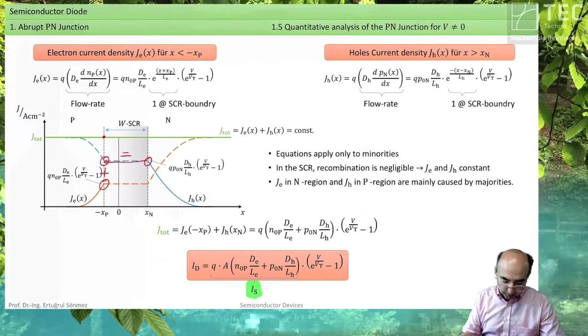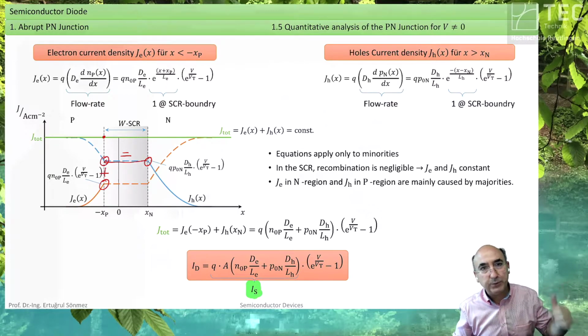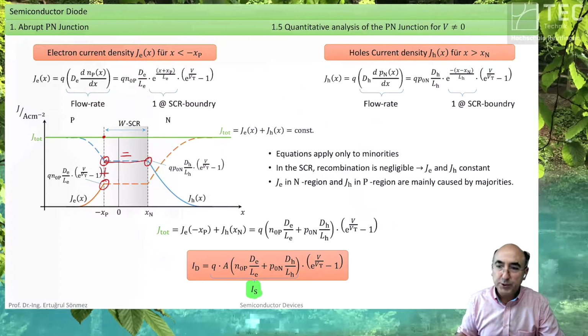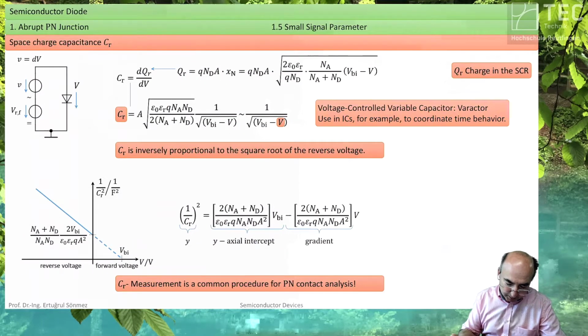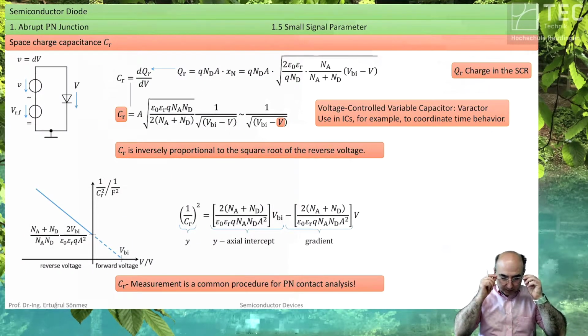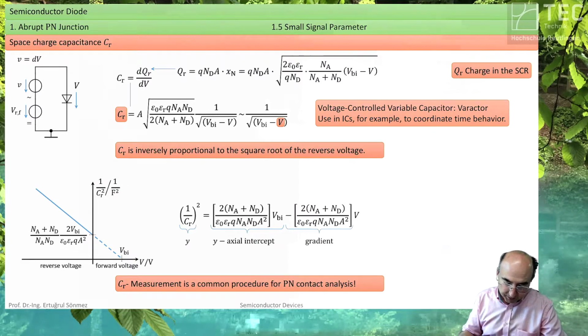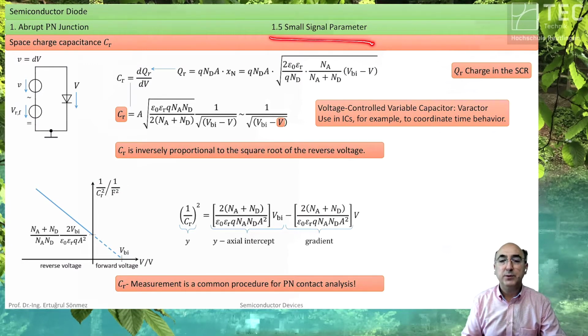For the diode current, we also have the calculated values in the spreadsheet in your download area. Okay, here we stopped, because today we will continue with the small signal parameters of a diode.